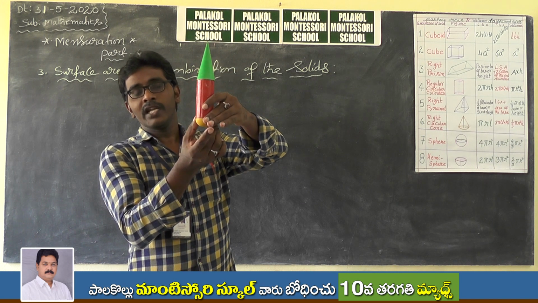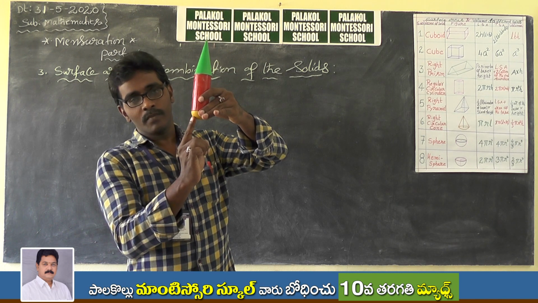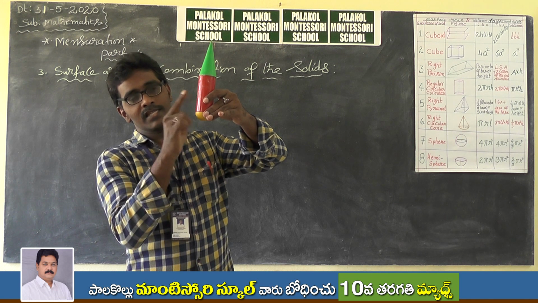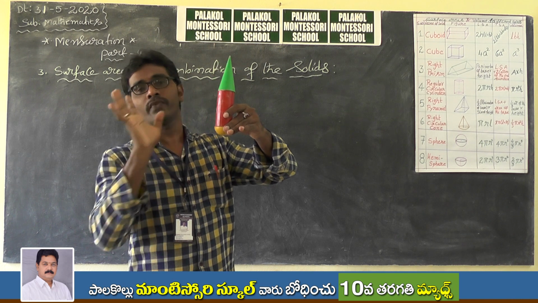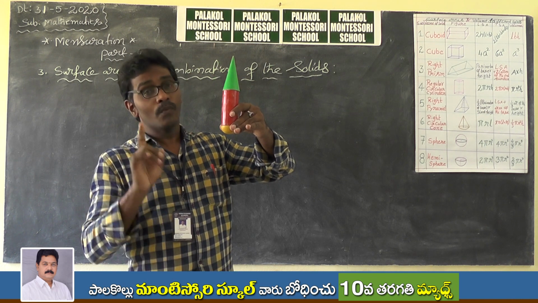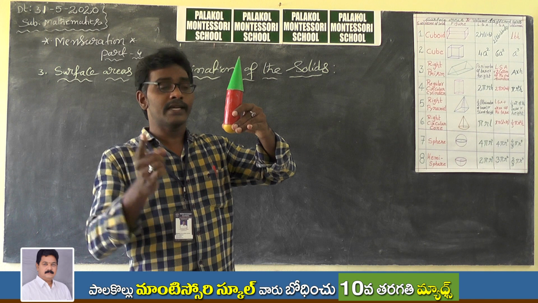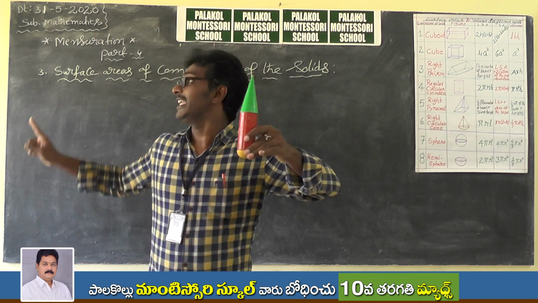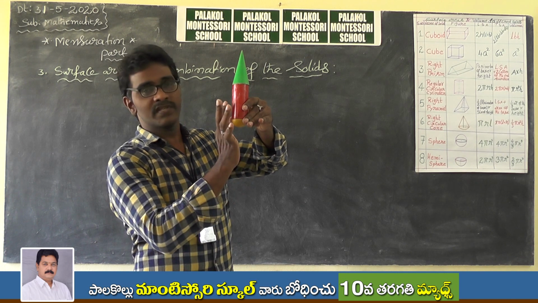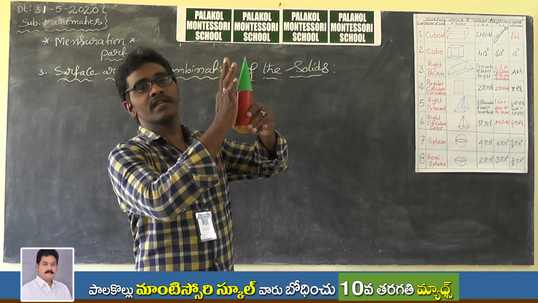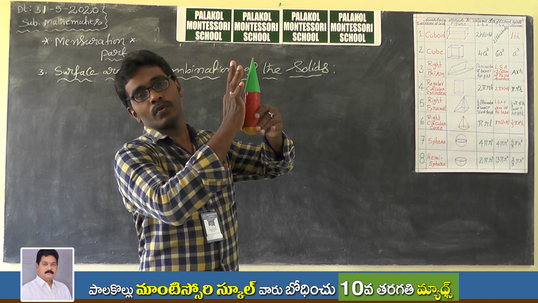So immediately remember the hemisphere formulas, the red color is a cylinder formula, and the green color is a cone formula. So which formulas do you remember? Surface areas. So surface area of the hemisphere, surface area of the cylinder, surface area of the cone.